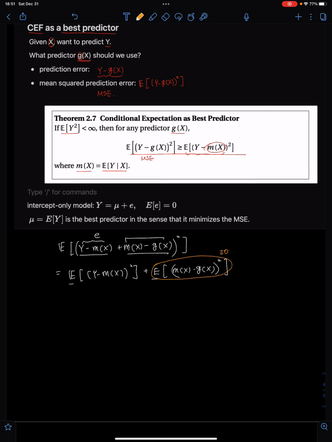From this relationship, you can see that the left-hand side will always be greater than or equal to this one. So we have proved this theorem. And notice that this part will be 0 when m of x equals g of x, in other words, when you choose your predictor as your conditional expectation function.